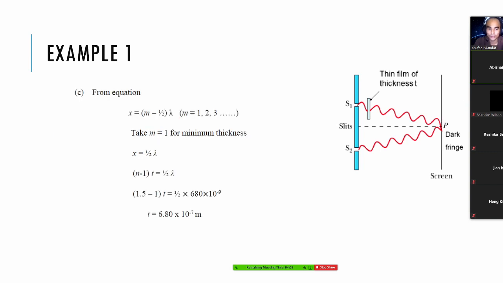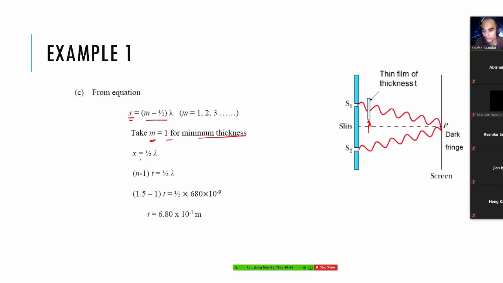Number 3, what will be the thickness if P is a dark fringe? So x equals 1 over 2 lambda, taking m equals 1 for minimum thickness. It can be m equals 2, 3 and 4, but we take m equals 1 for minimum thickness.